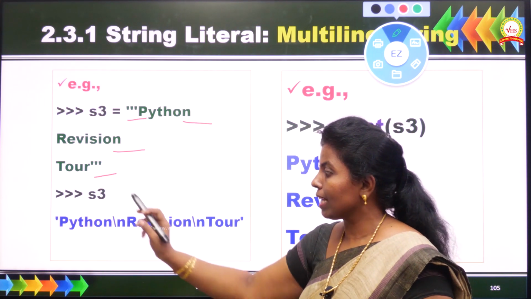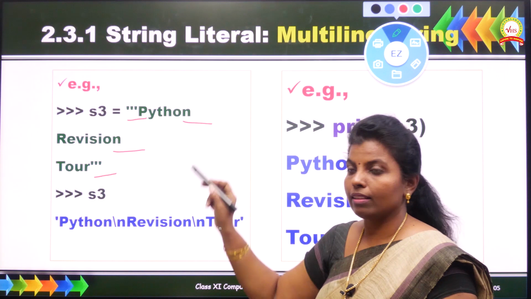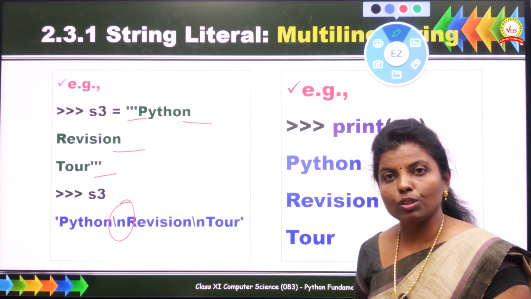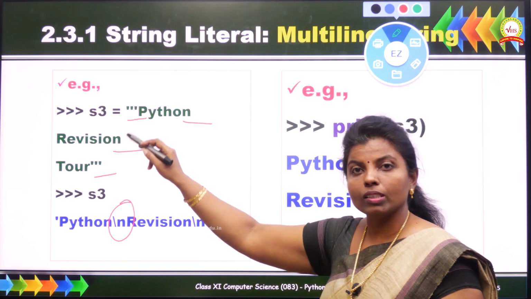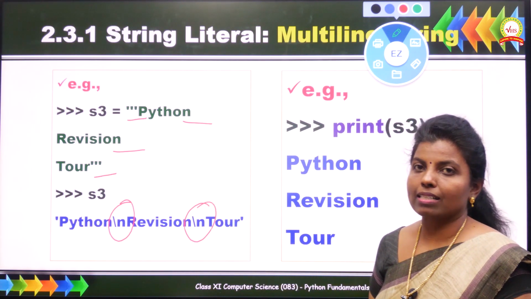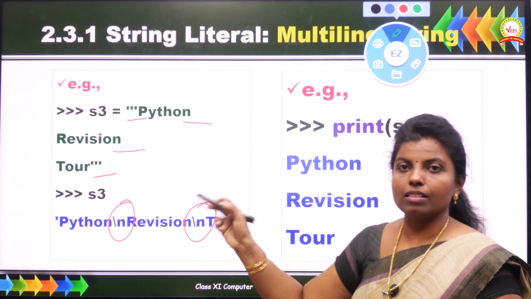So when I just display S3, you can see here after Python, I have not included anything, but the Python interpreter has included backslash n, that is the new line character. Again here after revision, I have not given anything. The Python interpreter has automatically included backslash n. Again, the word tour has been just printed because that is the last line.